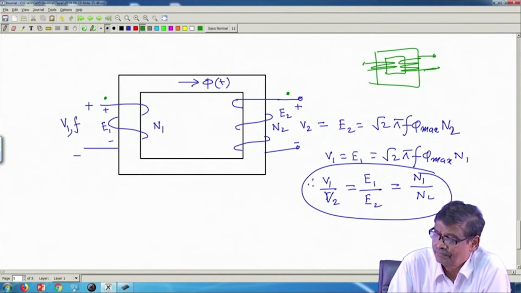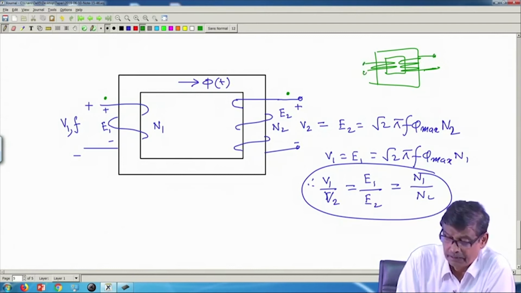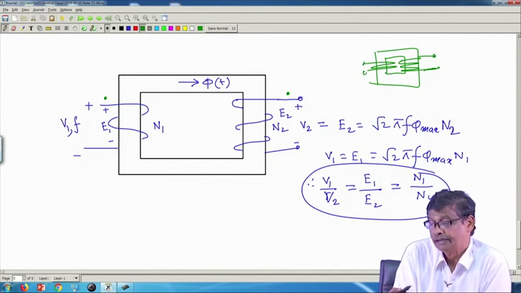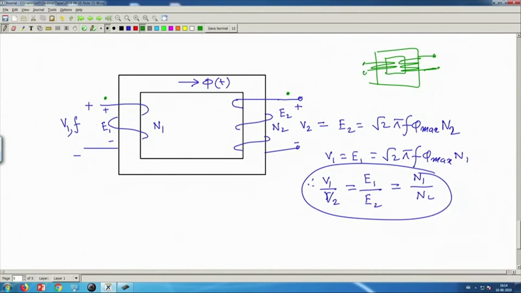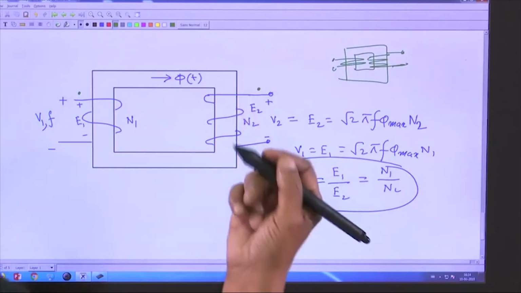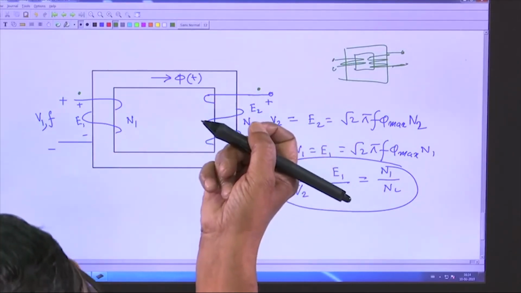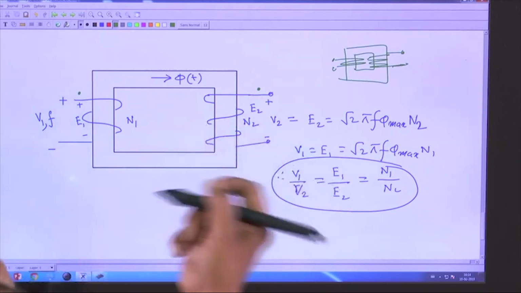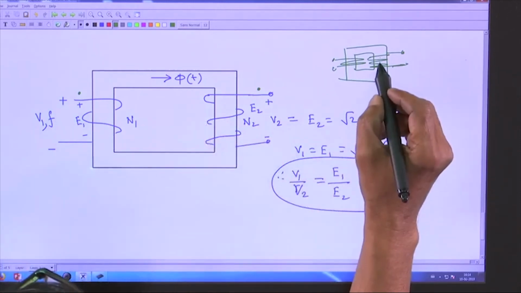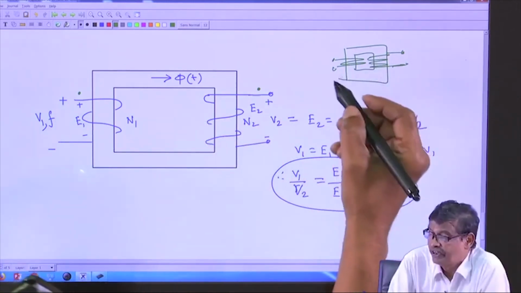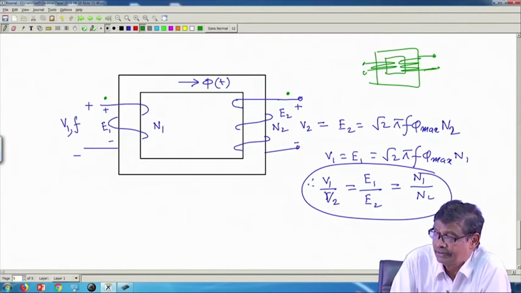It is far better than this. What I mean to say is that I have drawn these coils so that you know the sense of the winding. You take the coil this way, then turn it like that. But from this sketch, you cannot figure out how these coils went.